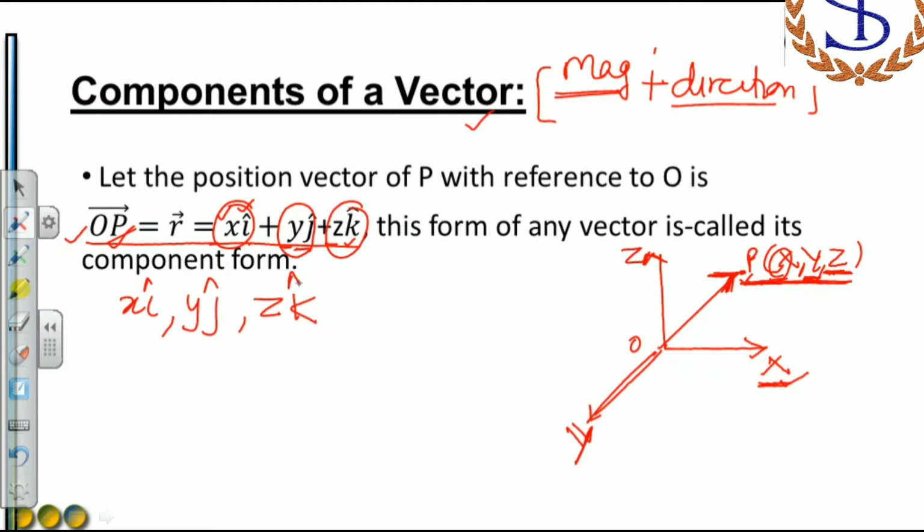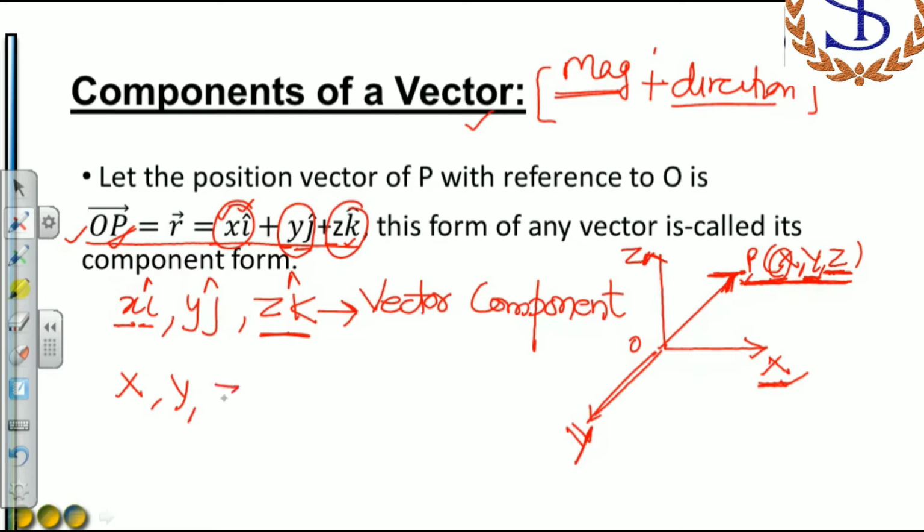Because here the magnitude and the direction both are given, these components are said to be vector components. Why is it a vector component? Because both magnitude and direction are mentioned. But x, y and z alone are only scalar quantities. Here the directions are not mentioned.